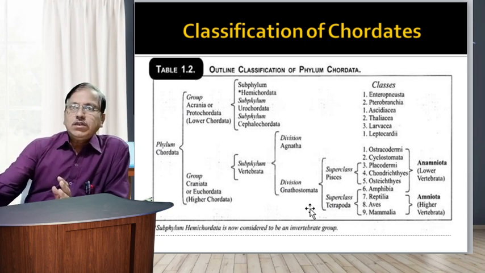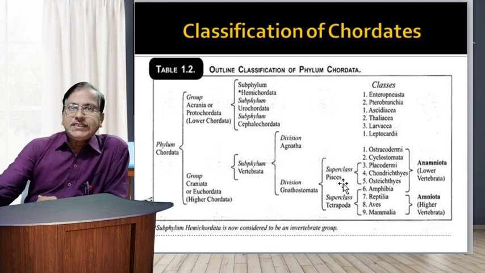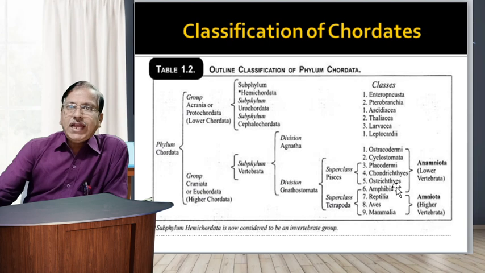The division Gnathostomata is divided into the superclass Pisces and the superclass Tetrapoda. The superclass Pisces includes five classes: Ostracodermi, Cyclostomata, Placodermi, Chondrichthyes and Osteichthyes. Next is the superclass Tetrapoda.